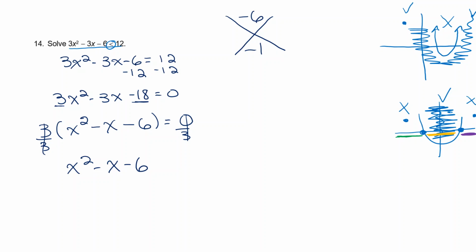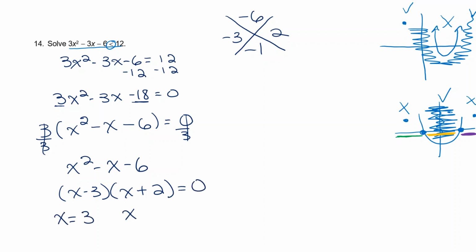The 2 numbers would be negative 3 and positive 2. So my factored equation is x minus 3 times x plus 2, and all of that equals 0. So x is either going to equal positive 3 or x will equal negative 2.